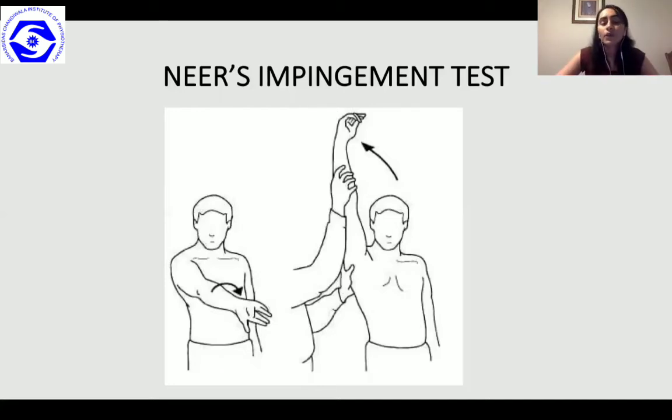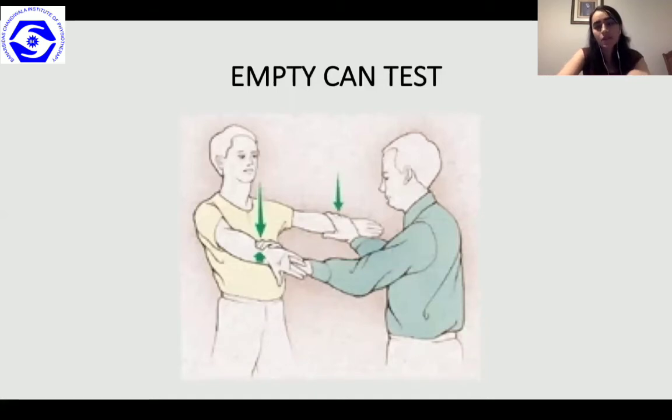It is a passive test. The therapist will move the patient's hand in forward flexion and medial rotation. Always remember that whatever test we are looking for, we have to do the same movement. The supraspinatus test was the movement of abduction only, to see whether there is pain or not.